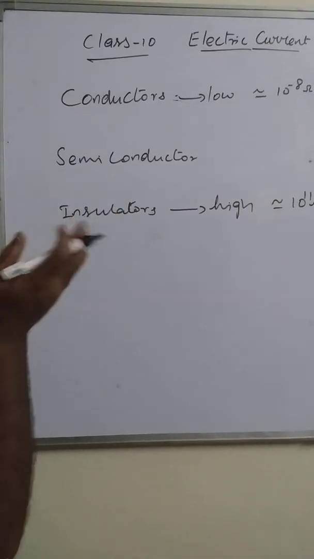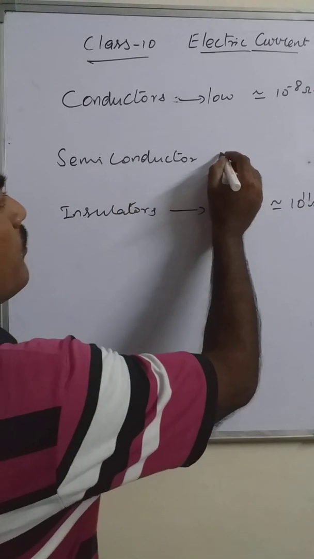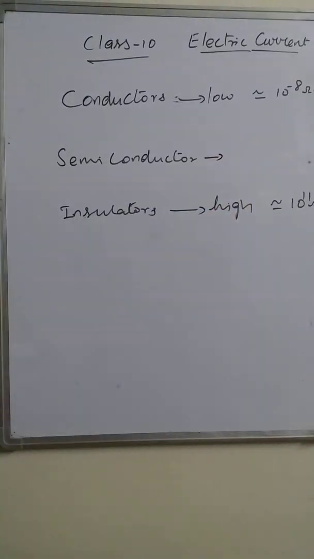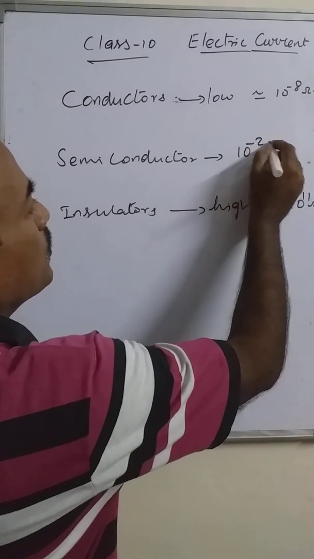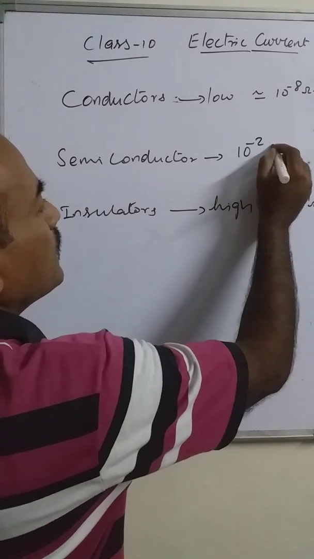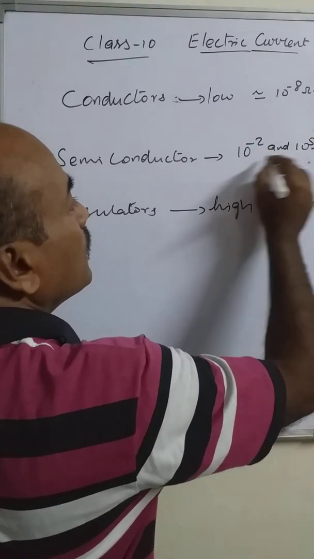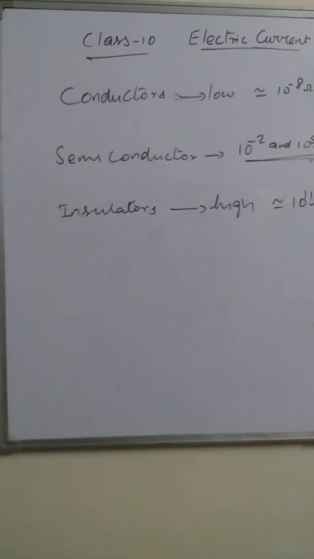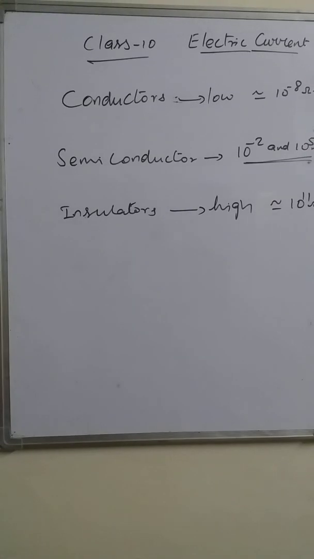Now in between this range, we have the semiconductors. The semiconductors have resistivity between 10 power minus 2 and 10 power 5 ohm meter. In between these two values, the resistivity lies.